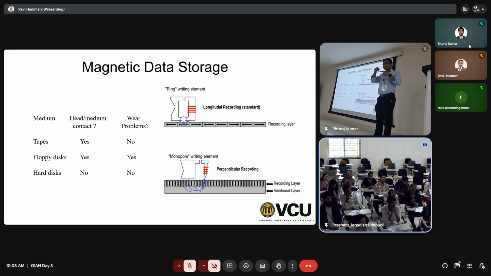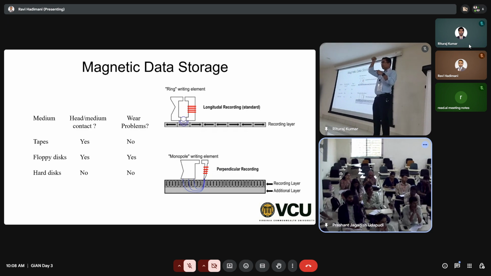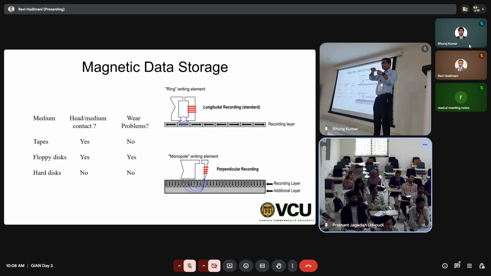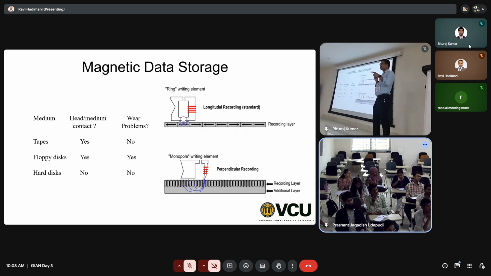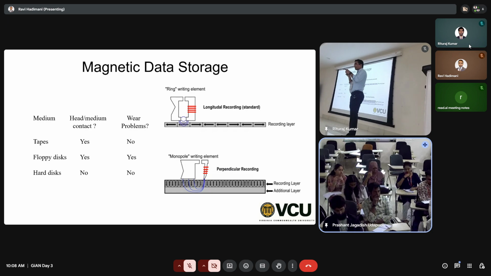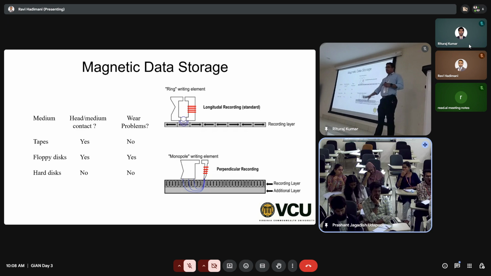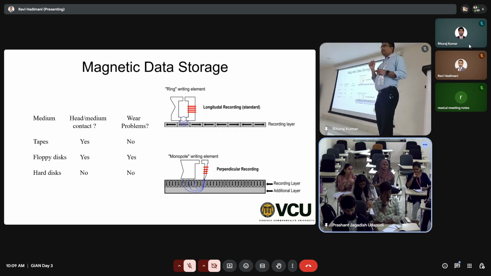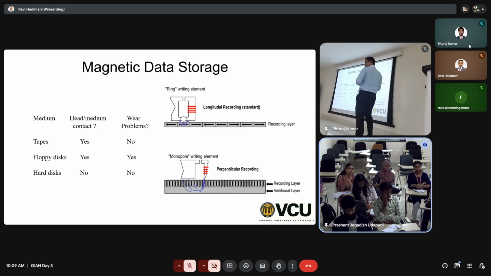That means the write head should be able to apply a large magnetic field to write it. The read head should be able to read whether that bit where it is reading is magnetized or not, right? So those are the 3 important things for data storage. And just imagine if you were not able to store data.